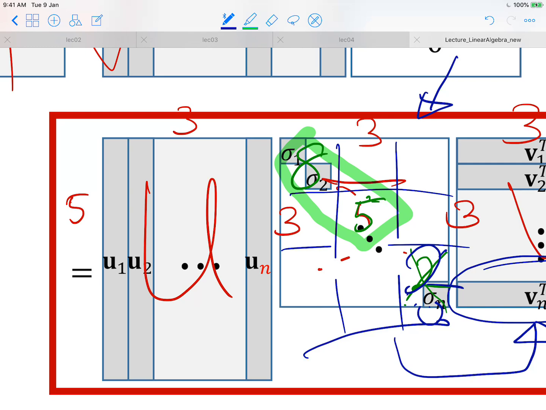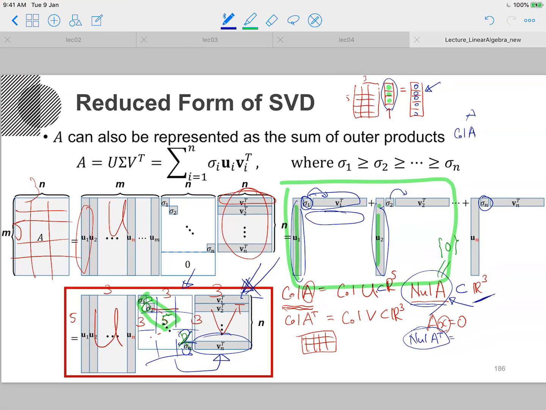Considering the feature vector representation of this matrix A, suppose each column is a feature vector of our data item. Then it will be represented in a 5-dimensional space, right?